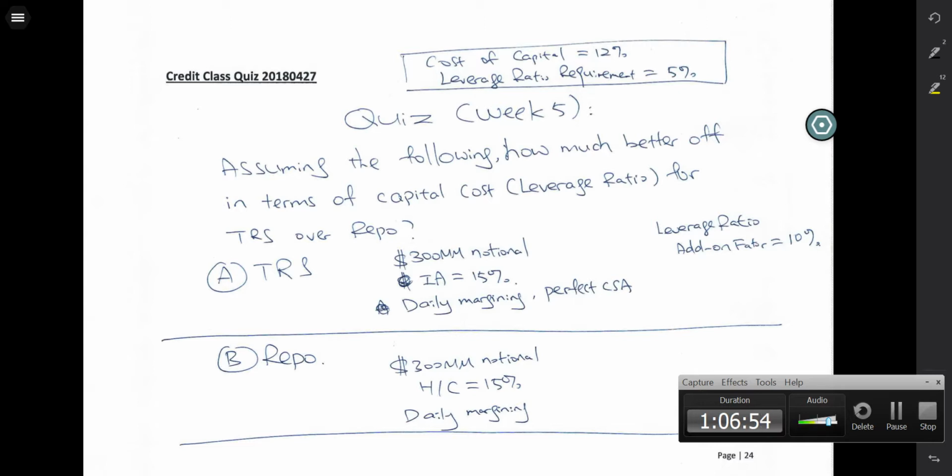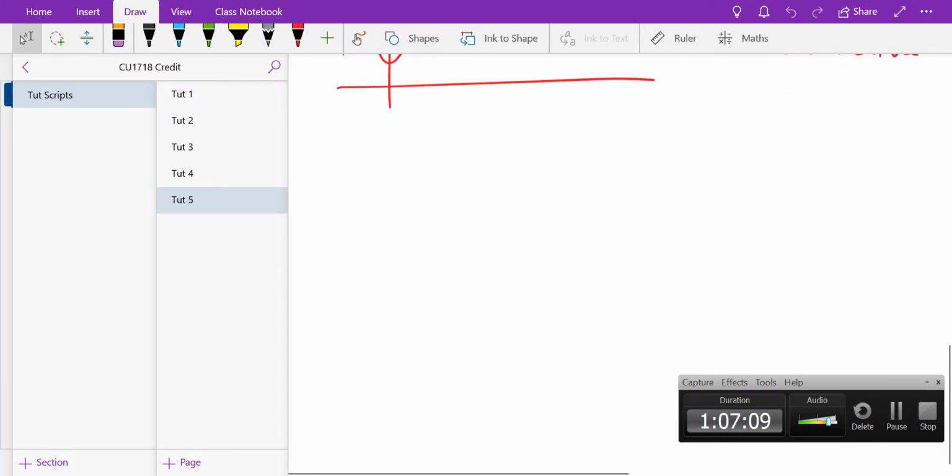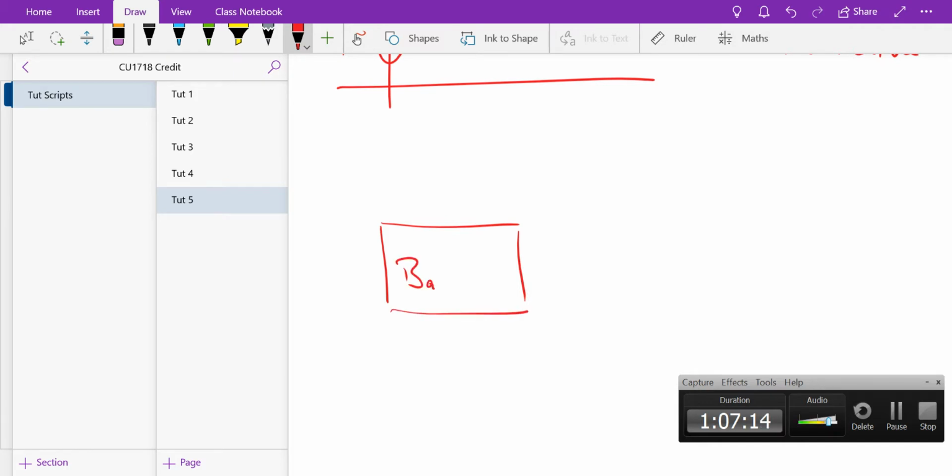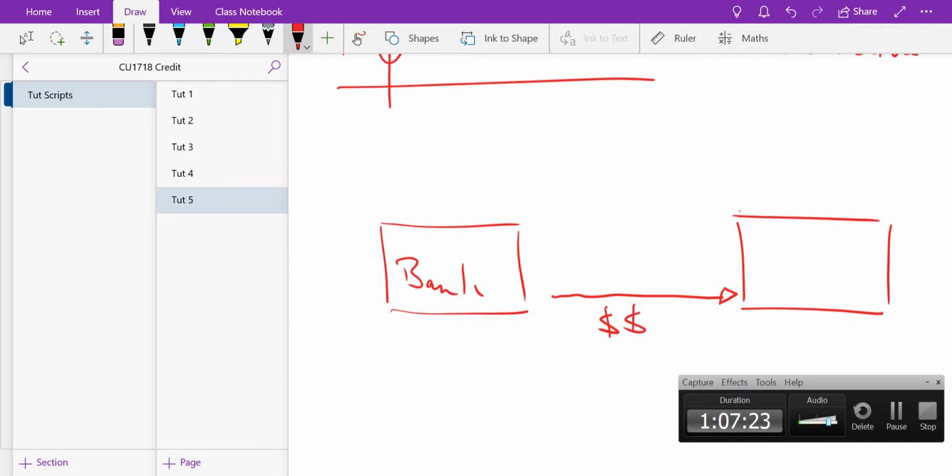Now here, first of all, we assume, by the way, this is from the bank's point of view. And what I mean by that is the bank is the one who is lending money, lending cash, and then taking the bonds.